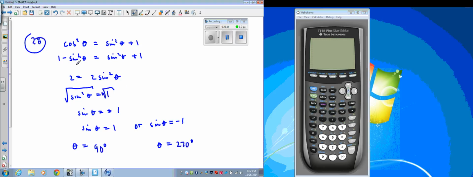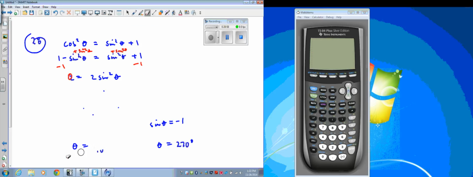See if I add sine squared theta to both sides, then it's 1, isn't it? It's 0. You're right. So I got that. This should be 0. All right. Thank you.